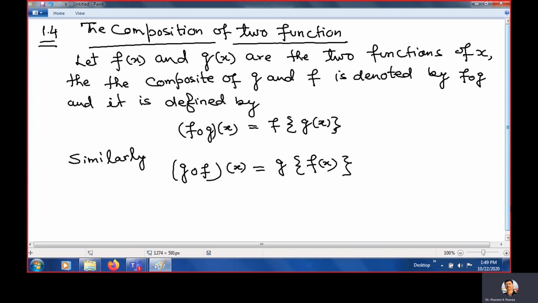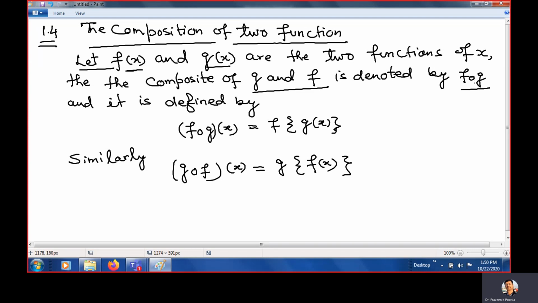For the definition, let f(x) and g(x) be two functions of x. Then the composite of g and f is denoted by this one, and it is read as f composition g.